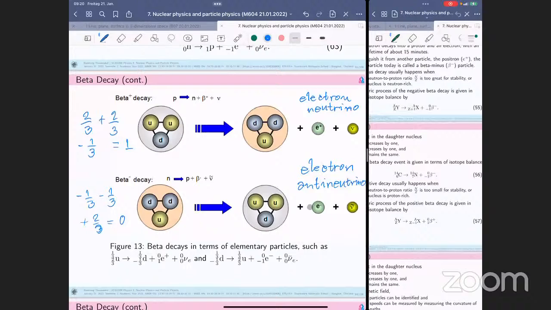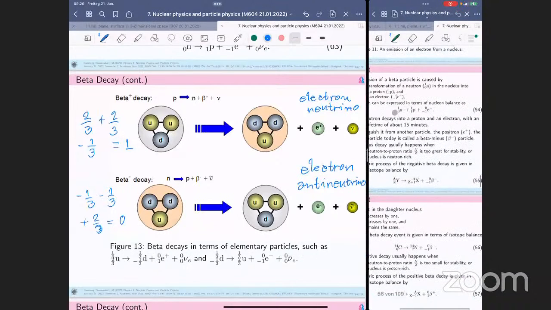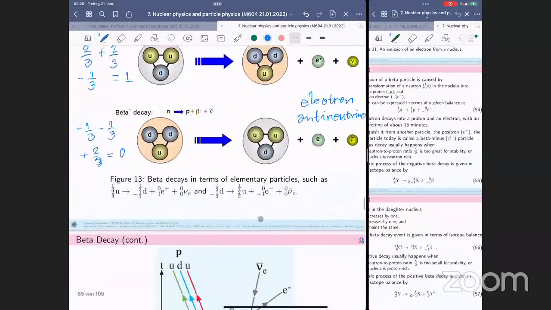And apart from that, the electron is emitted, which is this one, and the electron anti-neutrino is found here. This is the expression in particle physics notation, but this one represents the whole nucleus form, right? Neutron to proton and electron.